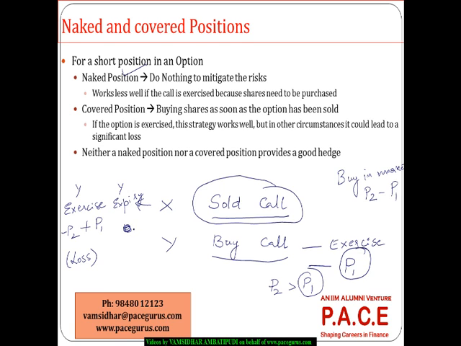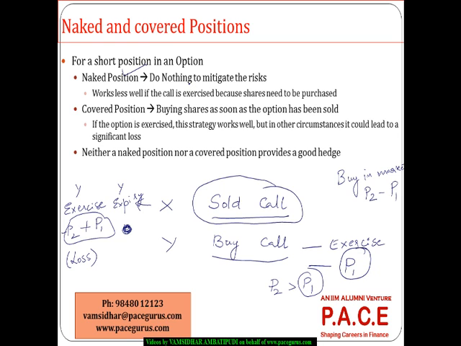So in some cases he just received the premium and he doesn't need to pay anything, especially if Y is not exercising the option. Whereas in the other case, there is a loss because he has to buy something from the market at a higher price and then sell it. So that is what we are calling a naked position. Right now, do nothing.